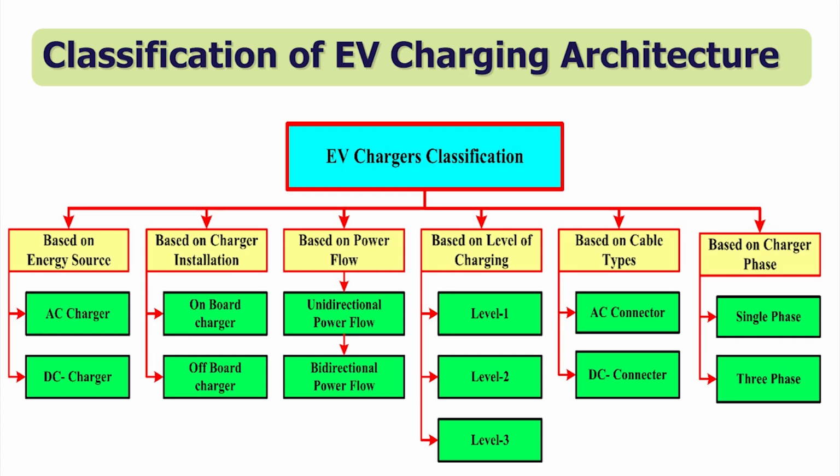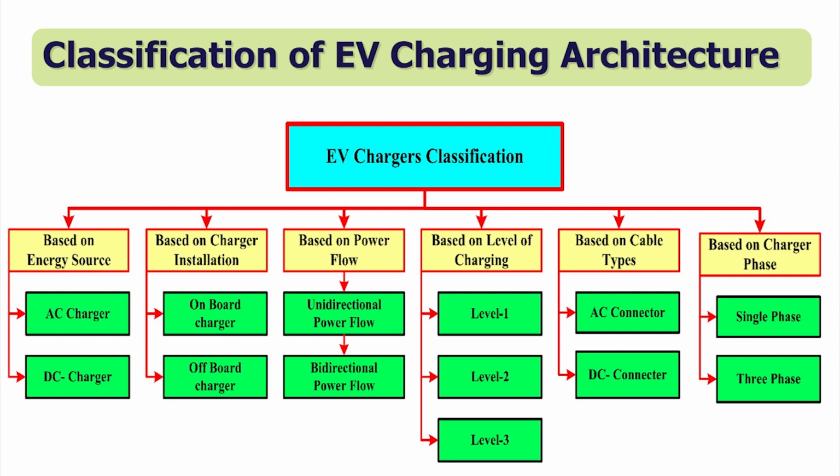So, classification of EV charging architecture. This EV charging architecture has been categorized based on energy source, based on charger installation, either level 1 or level 2, slow, fast, moderate.